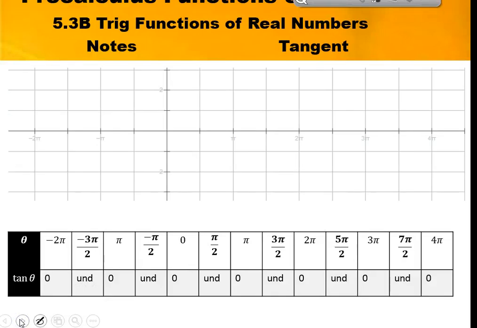All right. Now tangent. So tangent has asymptotes at the pi over 2's. So again, at the pi over 2's, we're going to make some asymptotes. And then tangent looks like a cubic function.